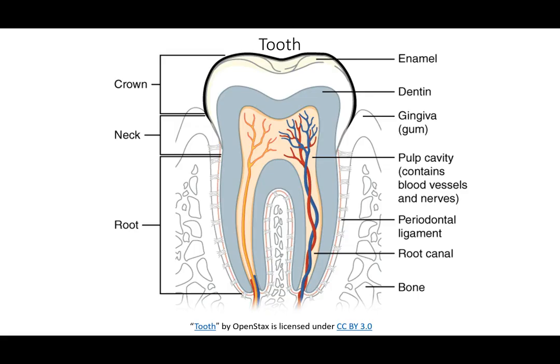And then that pulp cavity inside contains the blood vessels and nerves of the tooth so that it stays healthy, because your teeth are still living things. The upper portion of the tooth can be cracked without any damage, but if you crack it too low, you start exposing that pulp, and then it's going to be very uncomfortable.